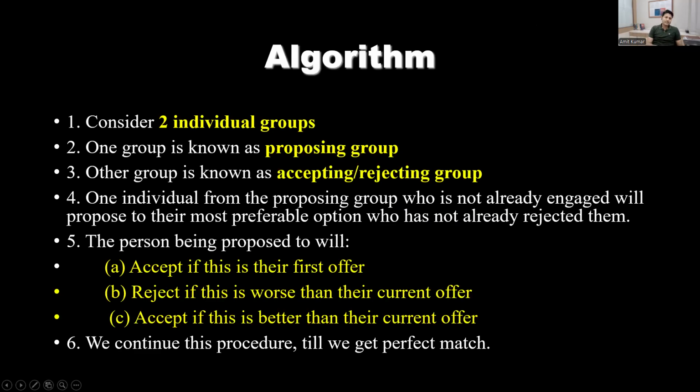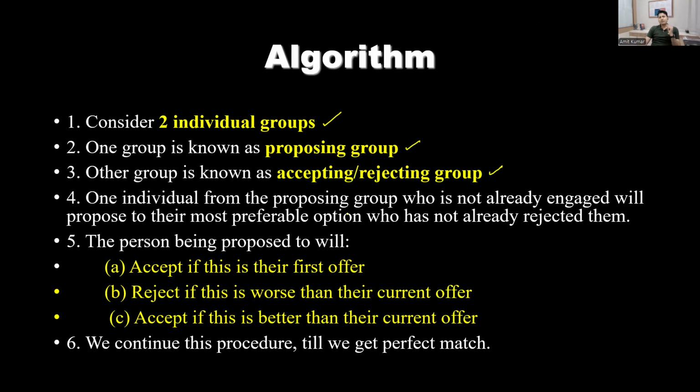So this is the algorithm that we have. These are the steps that we are supposed to follow when we are going to find the optimal matching for a problem. The first step is applicable when there are two groups of individuals. One group we call the proposing group and the other we call the accepting or rejecting group.